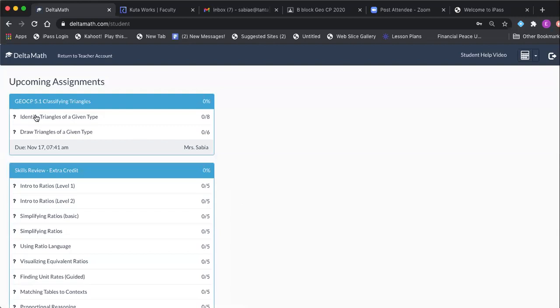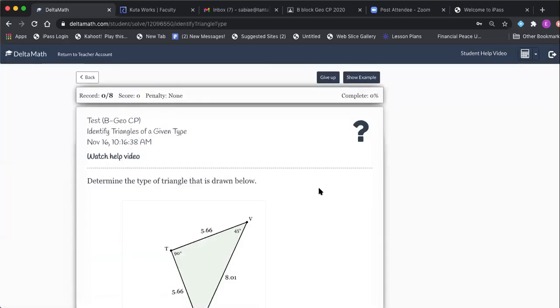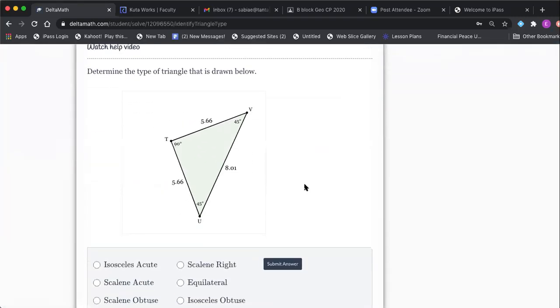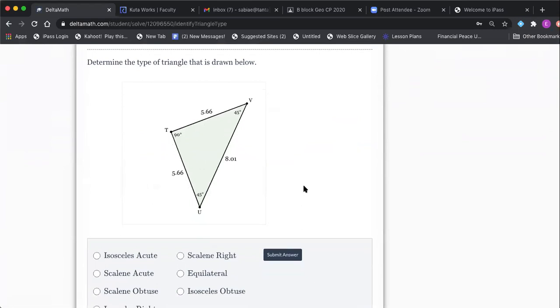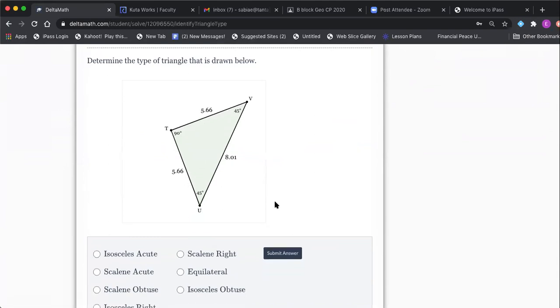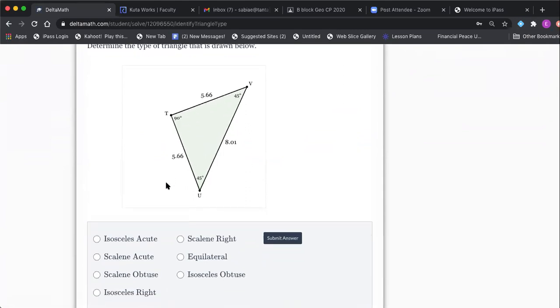This is probably a pretty brief assignment for you guys. All right, so here you're just going to pick from the choices below which one fits here. So if I take a look, notice I have two sides that are the same, 5.66. So I definitely want isosceles in my choices.